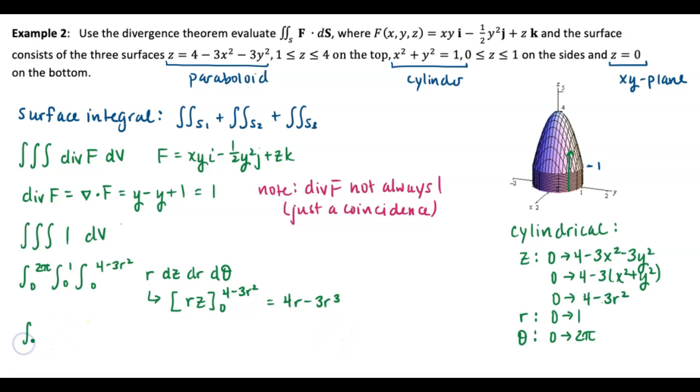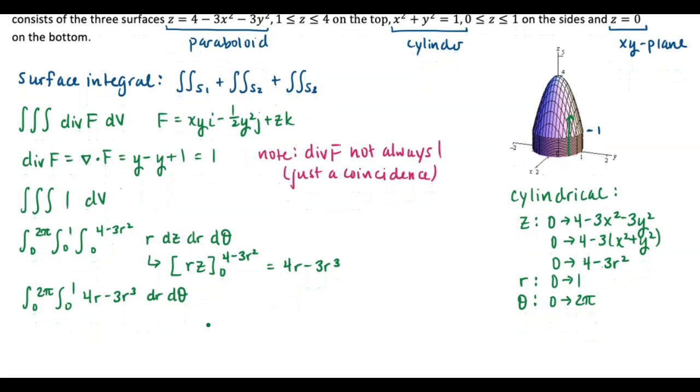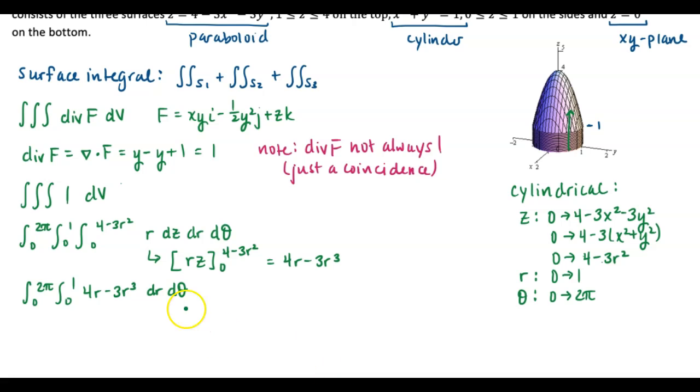So now we've got the double integral from 0 to 2 pi and from 0 to 1 of 4r minus 3r cubed dr d theta. Now at this point I don't see any thetas, and so I can split off this integral from 0 to 2 pi d theta times this integral from 0 to 1 of 4r minus 3r cubed dr.